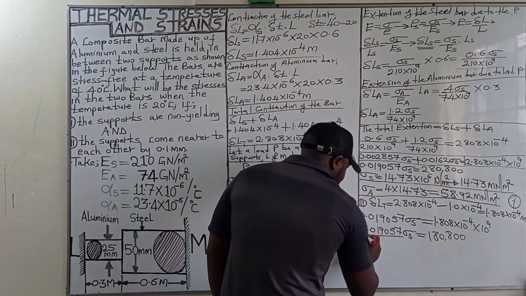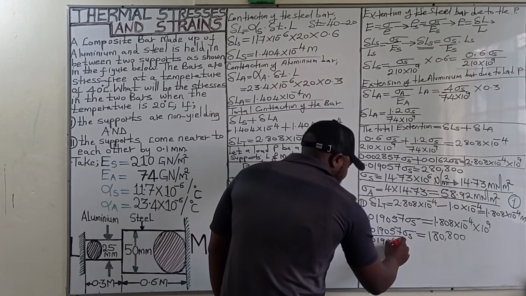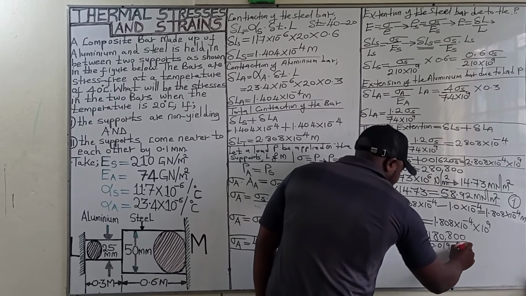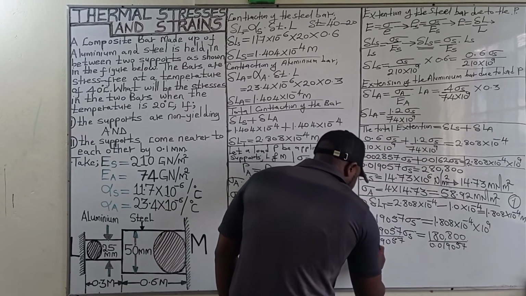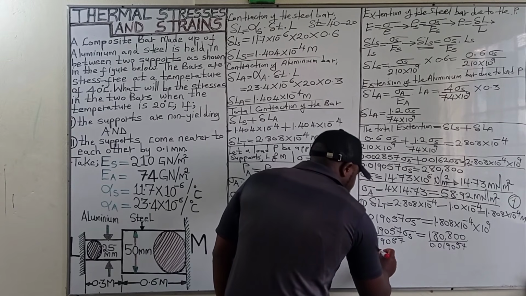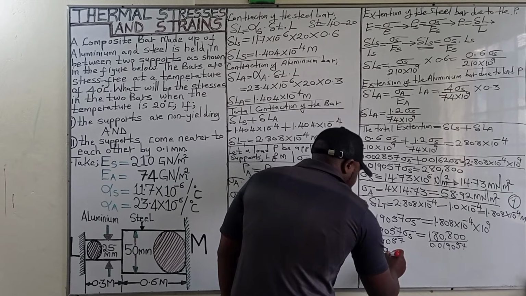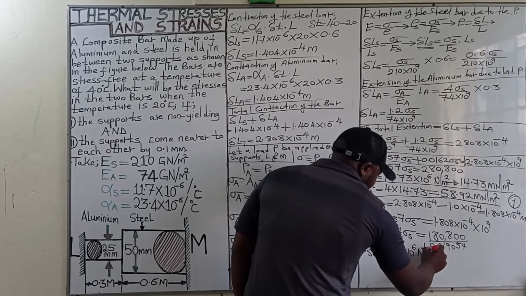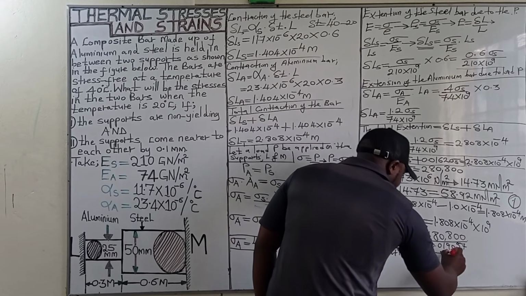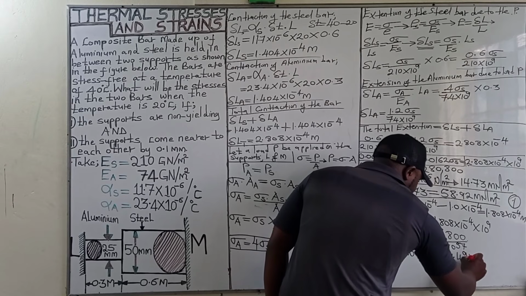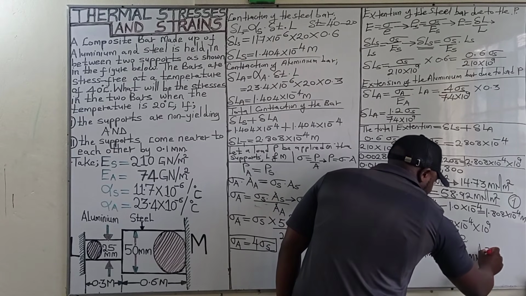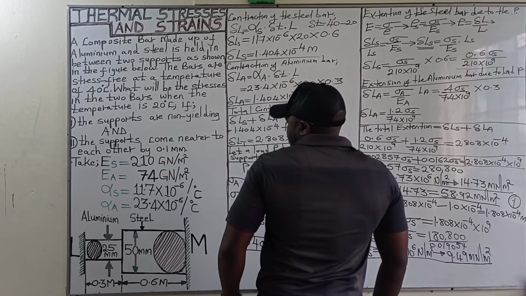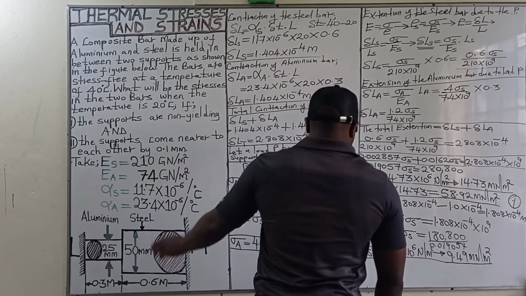So when you divide both sides by 0.019057, we are going to have a stress in steel of 9.49 times 10 raised to the power of 6 newtons per square meter, which can be rewritten as 9.49 meganewtons per square meter. So that is the stress in steel when the two supports come near each other by 0.1 millimeters.